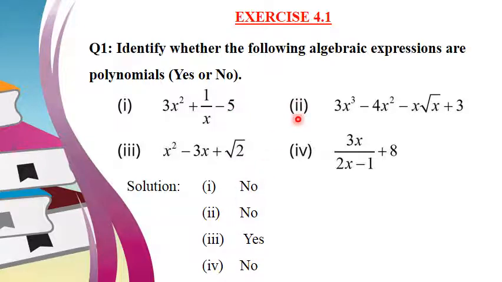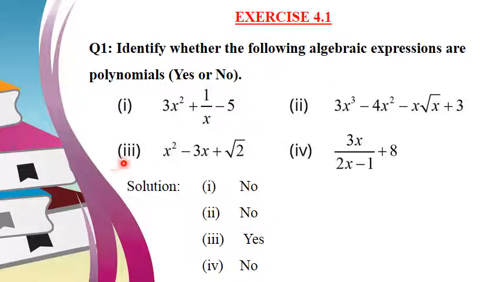In the second one, 3x cube minus 4x square minus x square root of x plus 3, we are observing that in the third term minus x and square root of x, when I am removing the sign of square root, it becomes 1 upon 2. So 1 plus 1 upon 2, it becomes 1 whole 1 upon 2. It is not an integer. It is positive, but it is not an integer. So again, it is not a polynomial. It should be a whole number.